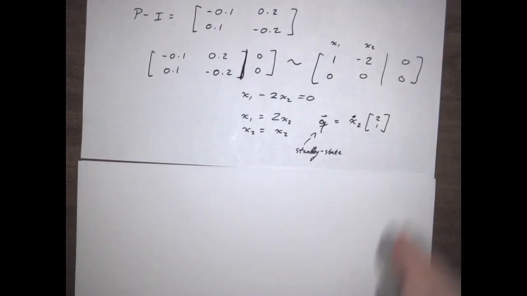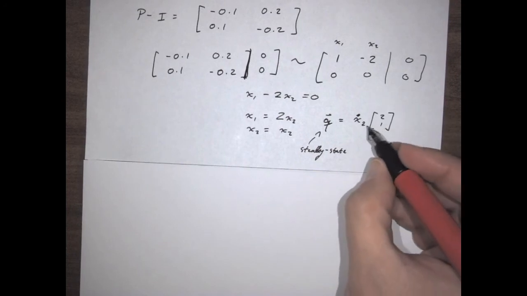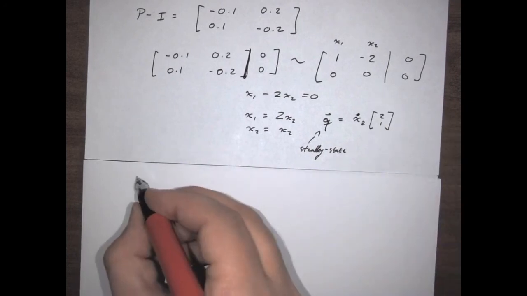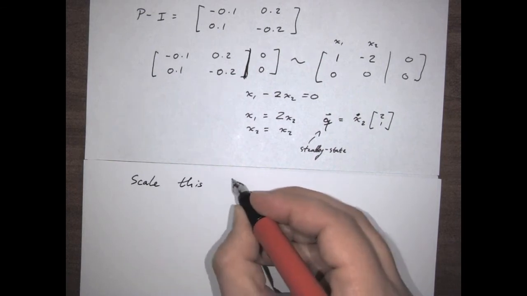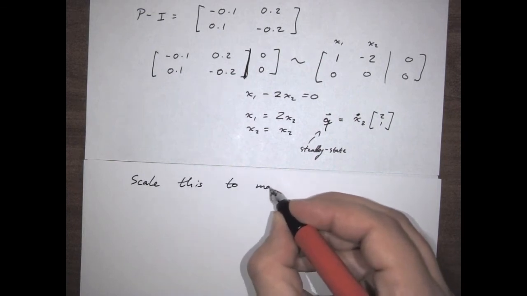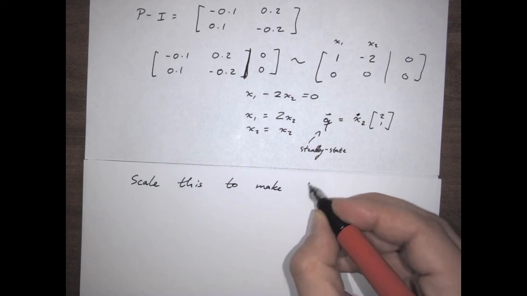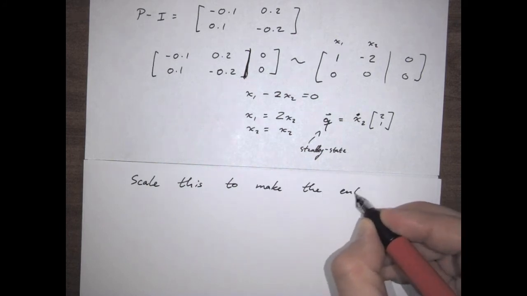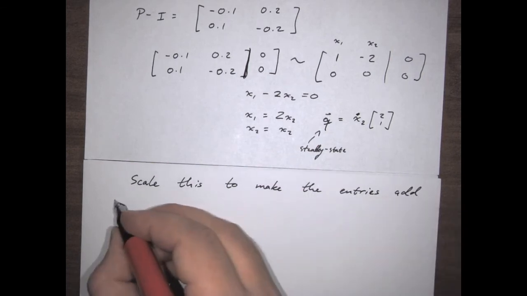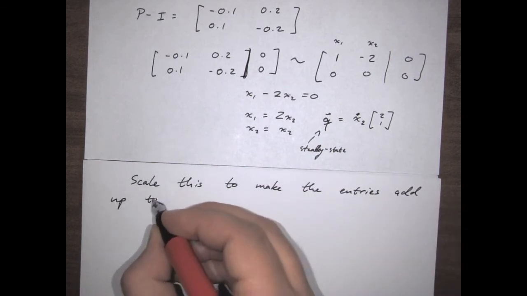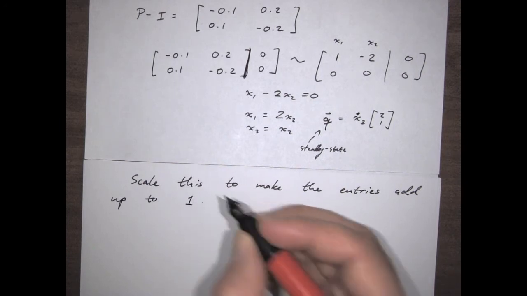Now, if we want this to be a probability vector, which we usually do, then what we can do is scale this to make the entries add up to 1.